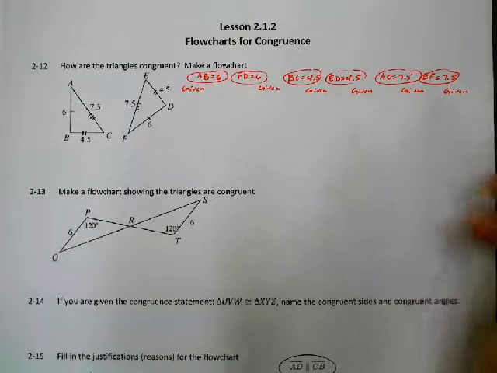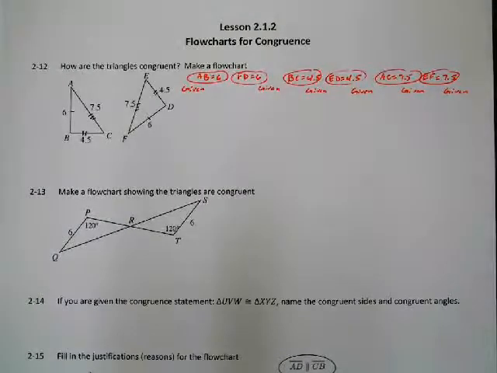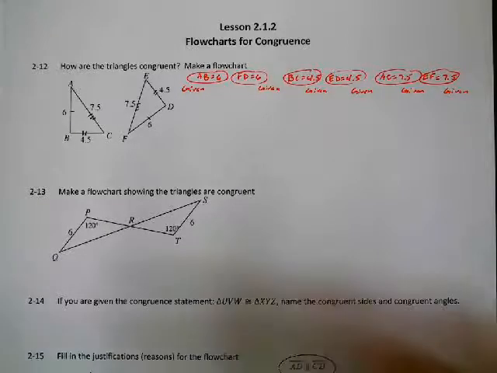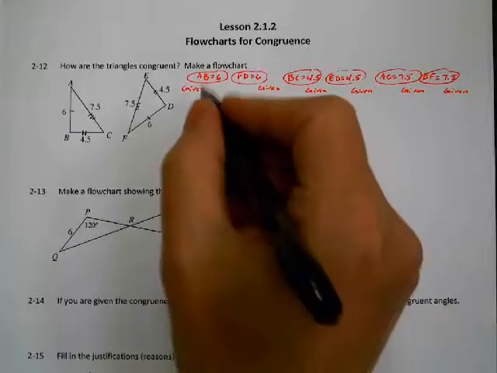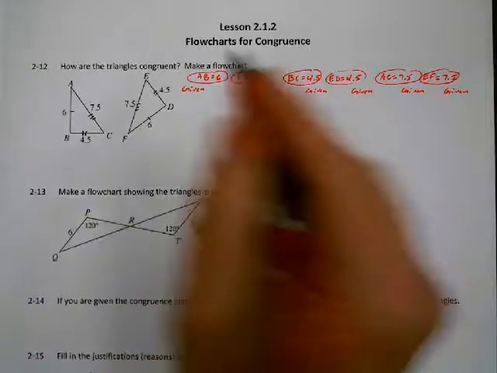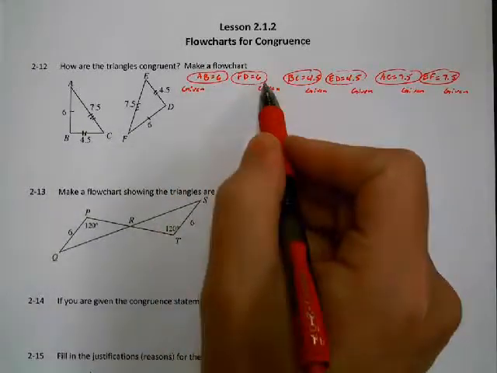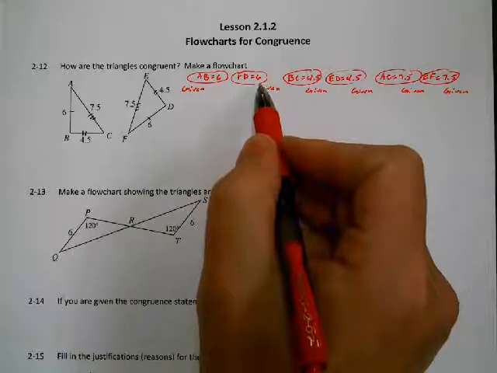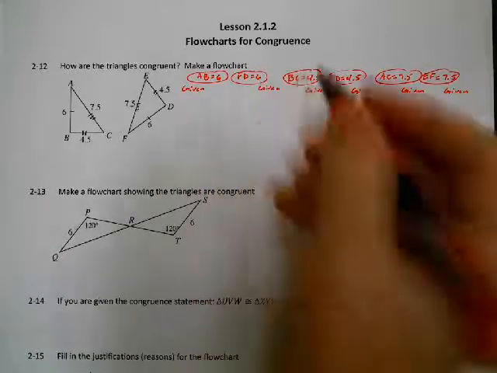Now remember, when you're doing a proof for triangle congruence, you need to prove three things are congruent. We haven't written down the congruent symbol yet, but we can start, because since AB is 6 and FD is 6, they're congruent to each other because they have the same measurement.